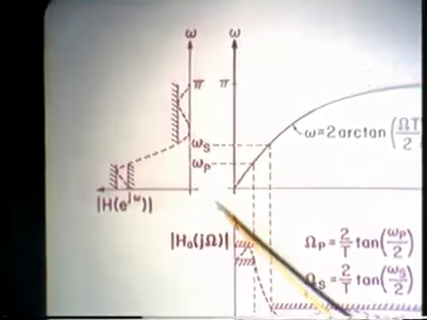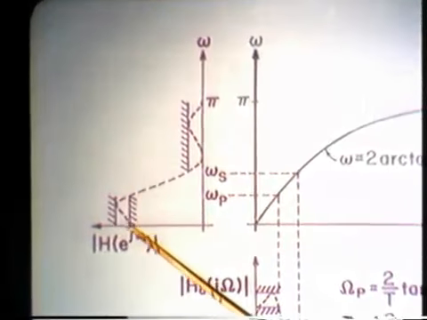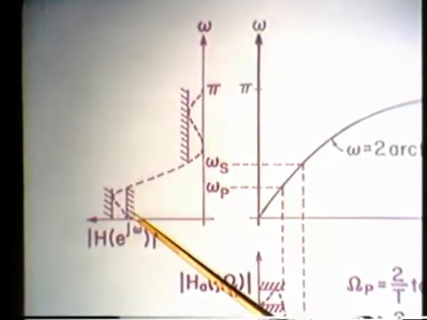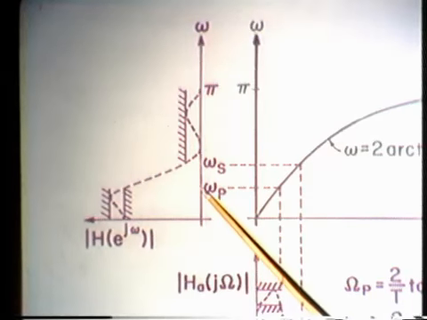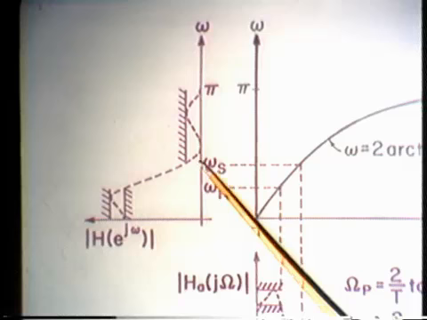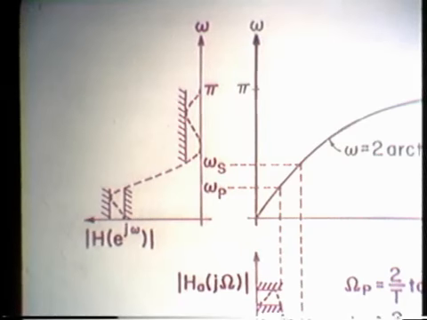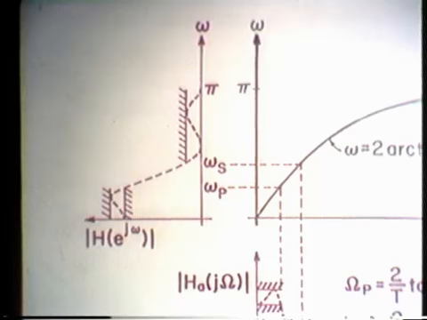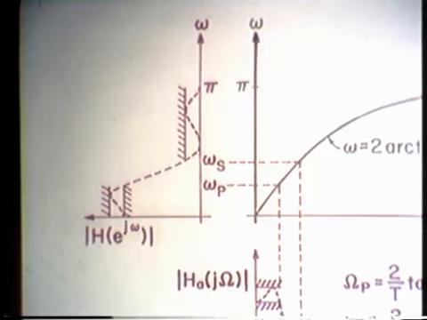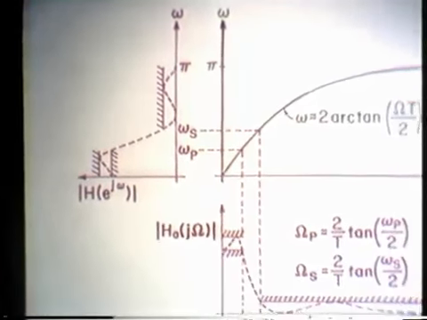Some allowed tolerance in the passband, some allowed tolerance in the stop band, a passband cutoff frequency, and a stop band cutoff frequency. Well, if that was our desired digital filter, then how would those specifications translate to an analog filter?